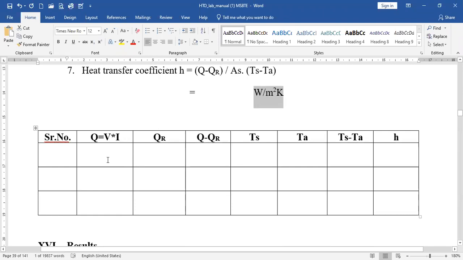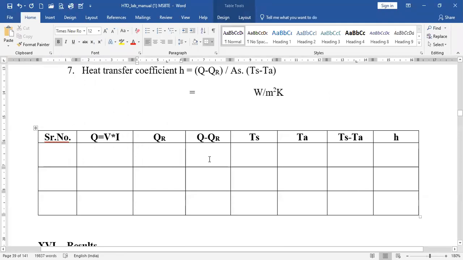Now in this table, you can write this if you are using some voltage like we have used, that is 70 volt. So for this 70 volt, we can calculate this Q value, then we can calculate the QR value, then the Q for convection, that is the difference between Q and QR, then the surface temperature average, then the ambient temperature, then delta T, that is driving force, Ts minus Ta, and on the basis of that, you can calculate the heat transfer coefficient value.